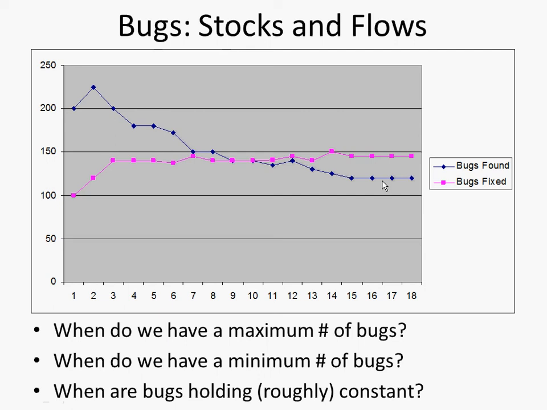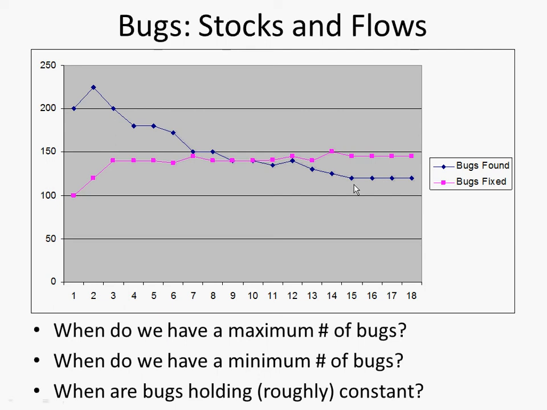Where are we at in terms of this plateauing? Are we still at the phase where we're finding a lot more bugs than we're fixing? In the phase where it's plateaued out, or are we at the phase where we're cleaning up? We're mopping things up. We're fixing bugs a lot faster than we're finding them. In other words, where are we at?